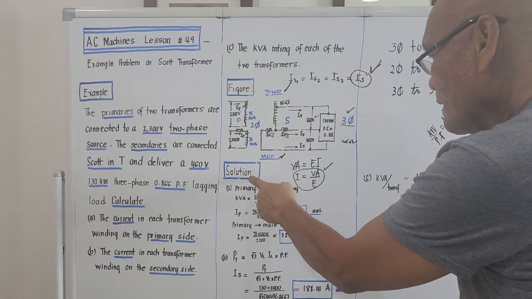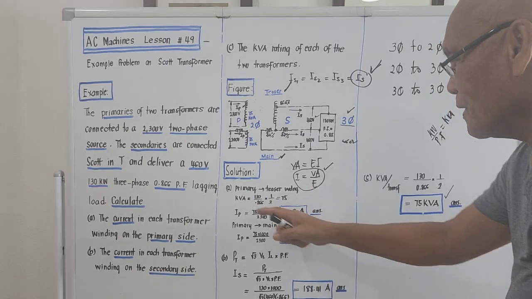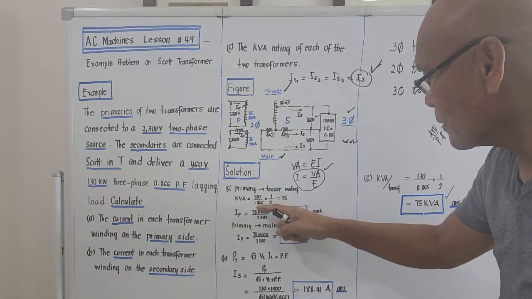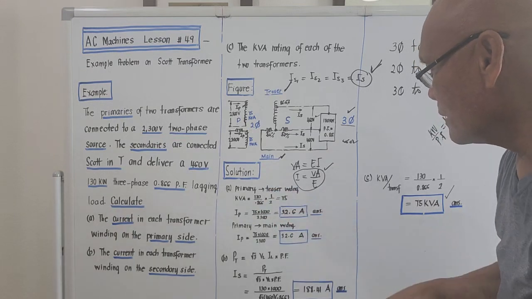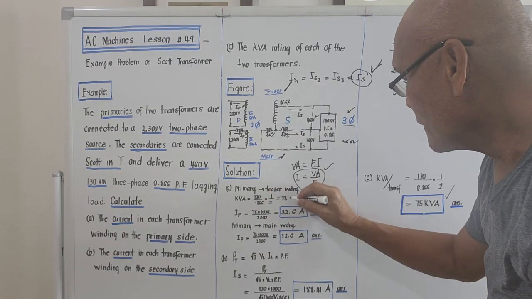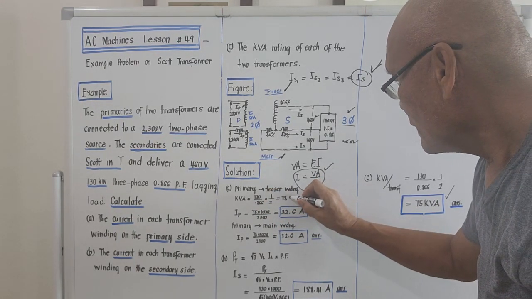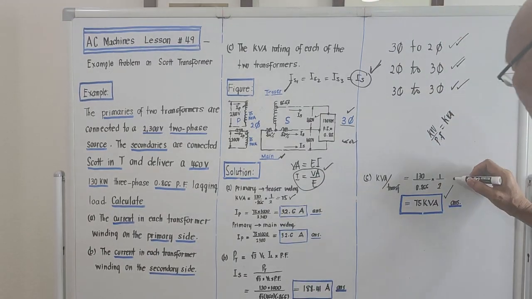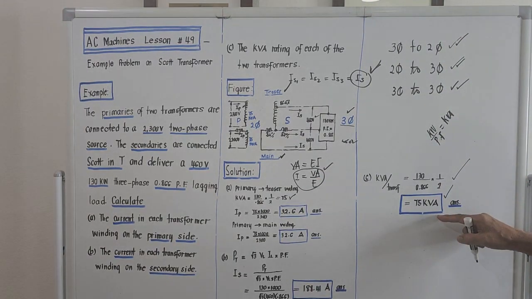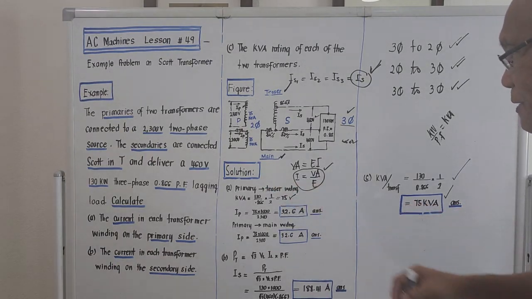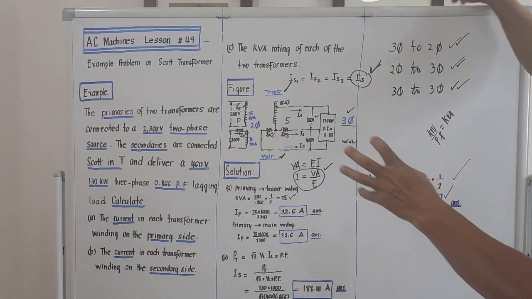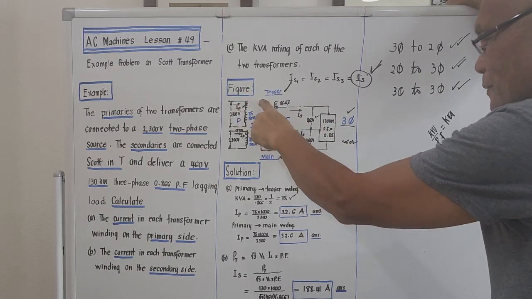Considering the primary side and teaser winding, the KVA is 130 over 0.866 times 1 half, and this is actually 75. This is solution letter C, 75. So we needed the 75 kVA for the computation of the current. The load carried by the teaser part is 75 kVA.